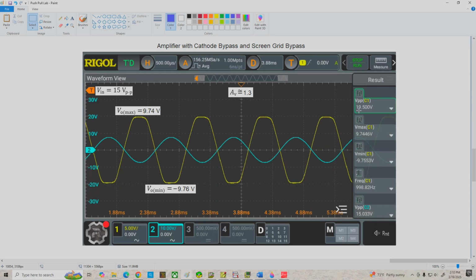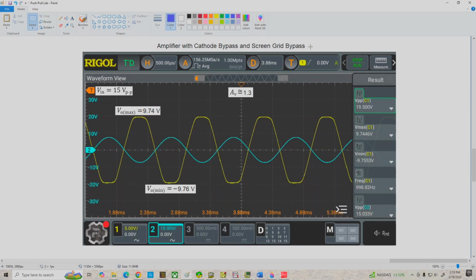We've got 19.5 volts peak to peak out. That's more than we got previously. So bypassing the screen grids increases the performance of the amplifier a little bit. It gives us a little bit more output voltage swing, a little higher voltage gain, and this is really very, very nice symmetrical clipping as well.